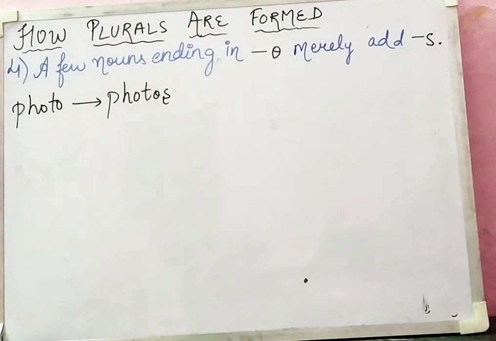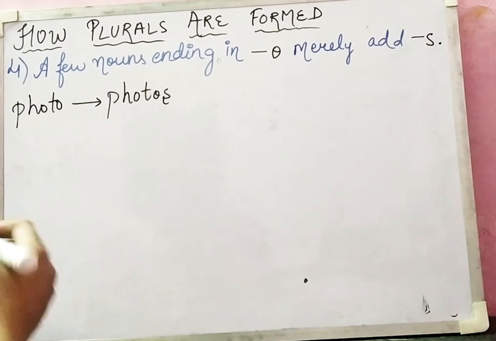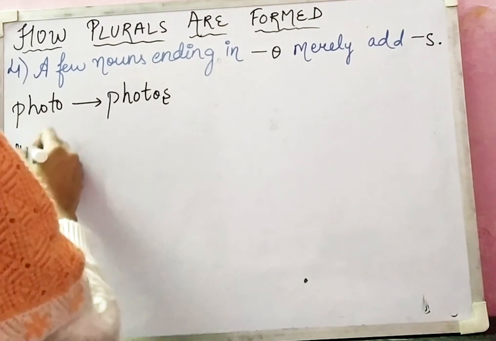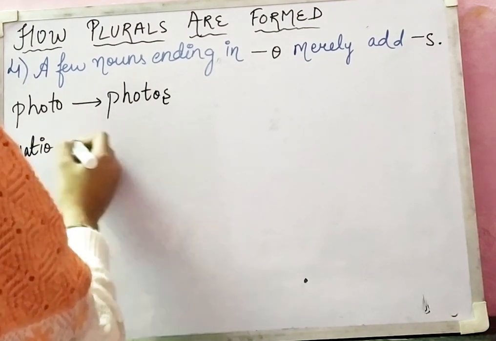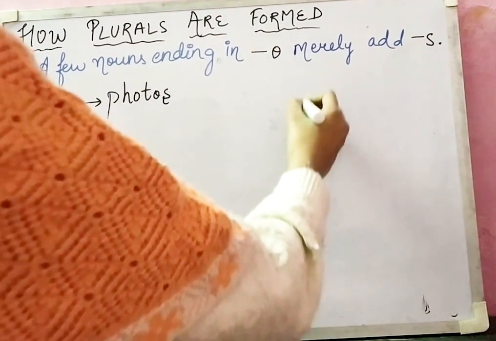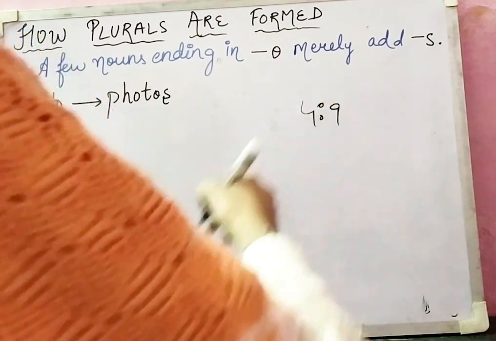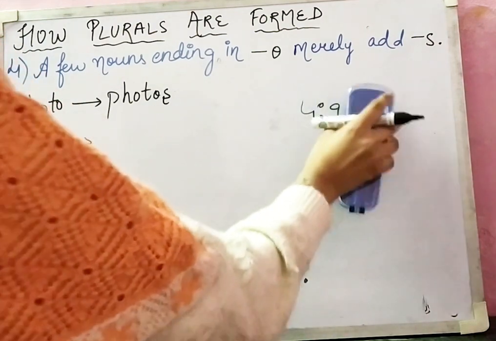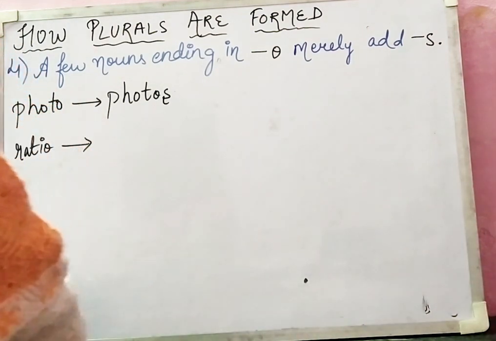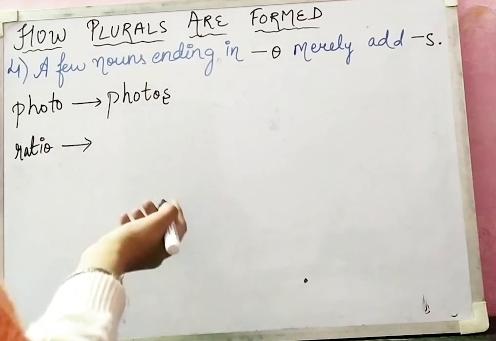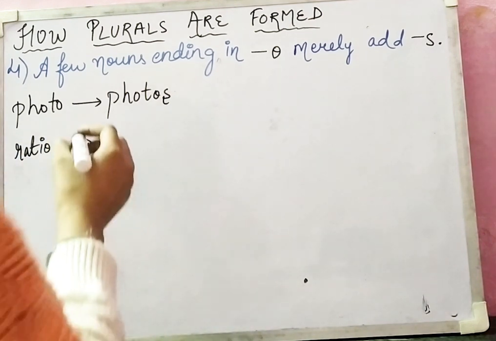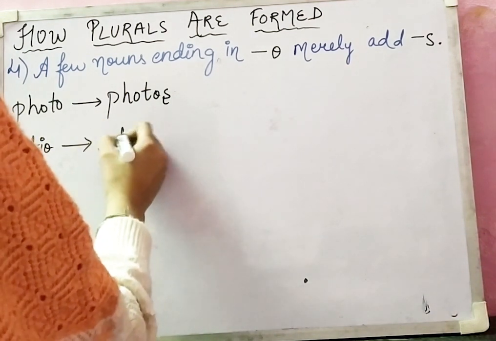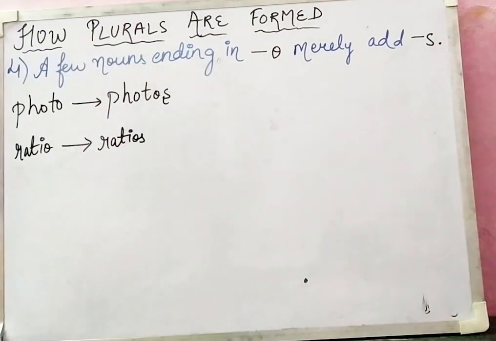Similarly, you can take more examples, like ratio. In mathematics you have seen ratio, like 4 ratio 9. The colon can be a remarkable thing for this ratio. And here, when we have more than one ratio, it means ratios.